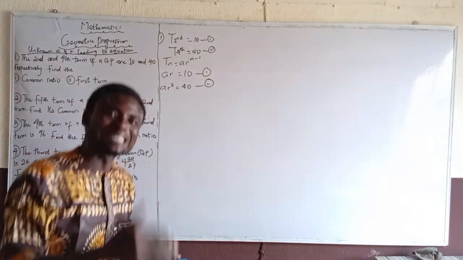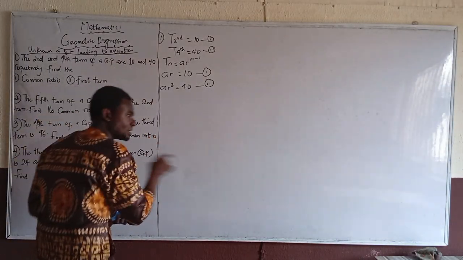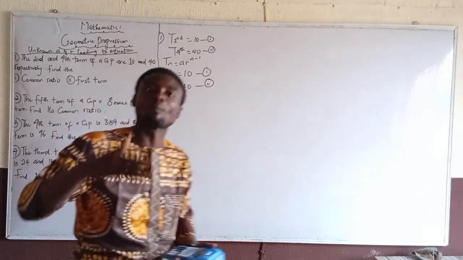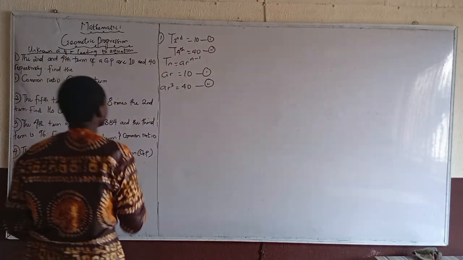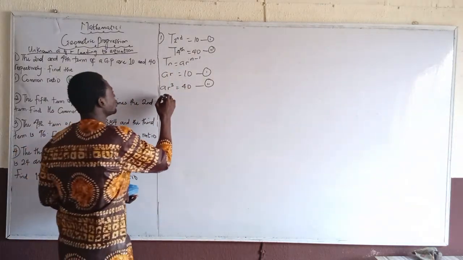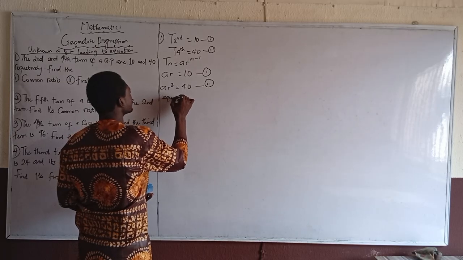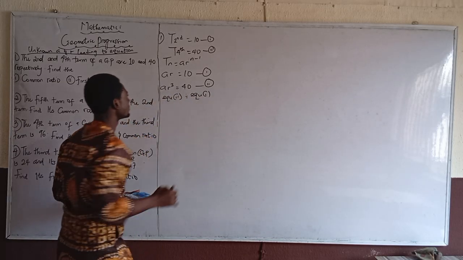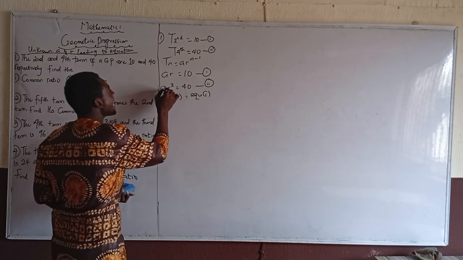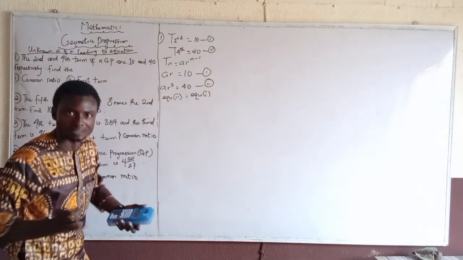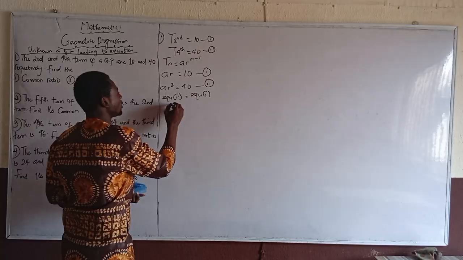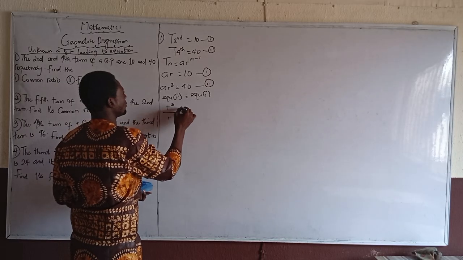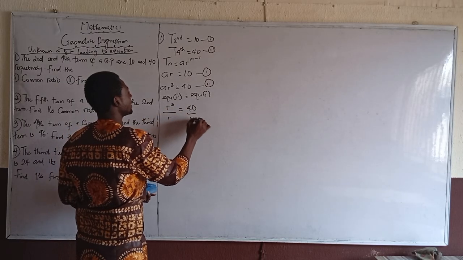Let's assume it was AP, then what? We subtract, then use the elimination method or simultaneous equation. But in this case, you are dividing. So I will do equation 2 divided by equation 1. So here A divided by A is 1. That one has gone. I have R raised to power 3 divided by R equals 40 divided by 10.